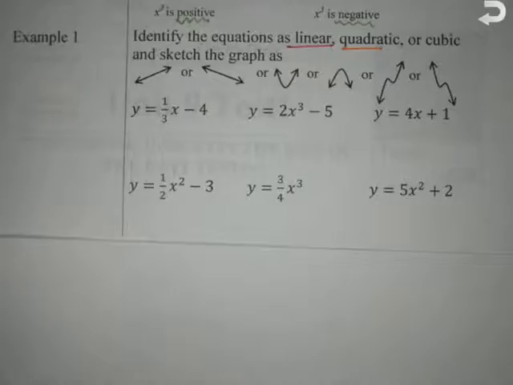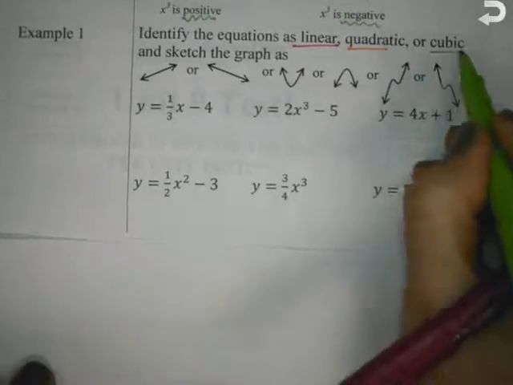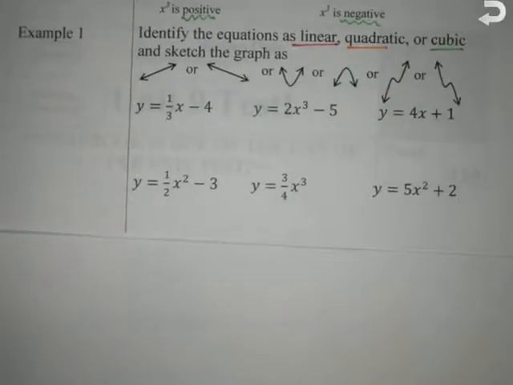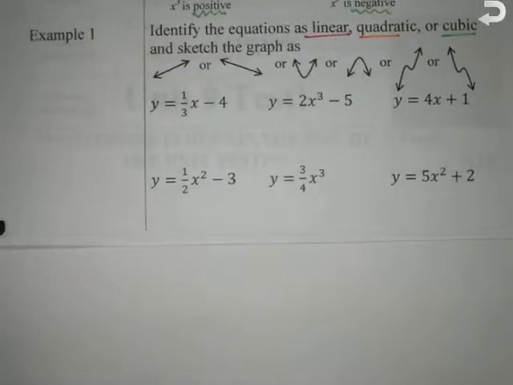Really quickly, before we go on, I would like to make a couple of changes. On this third one, 4x plus 1, will you make that a negative 4x?